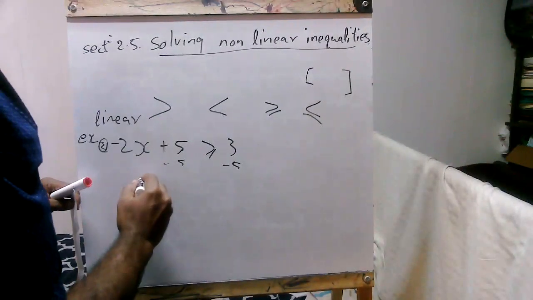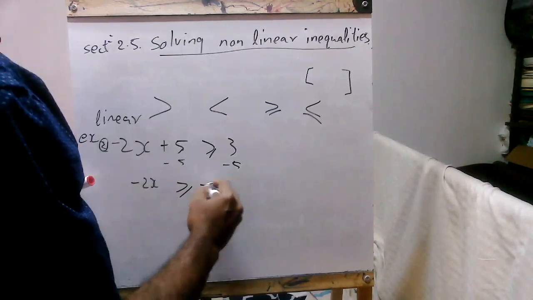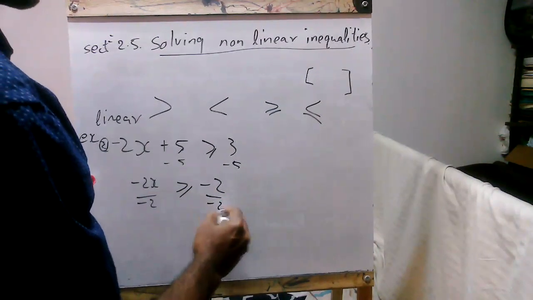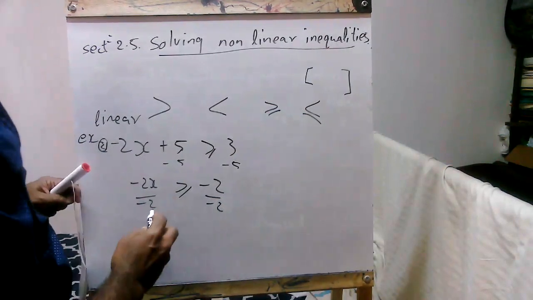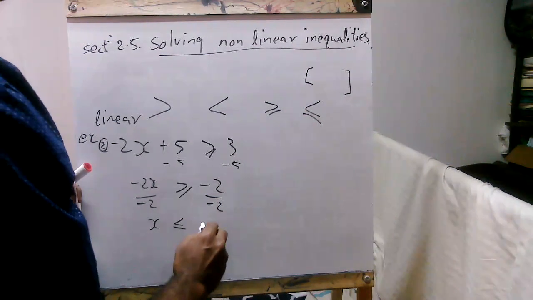We get negative 2x greater than or equal to negative 2, then divide by negative 2, divide by negative 2. As soon as you divide by a negative number, this inequality flips. X less than or equal to 1.